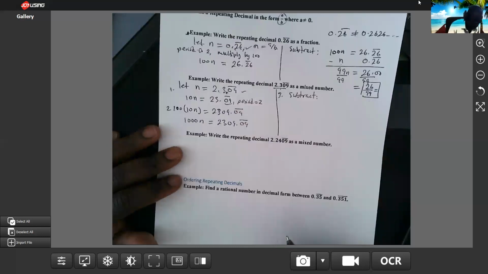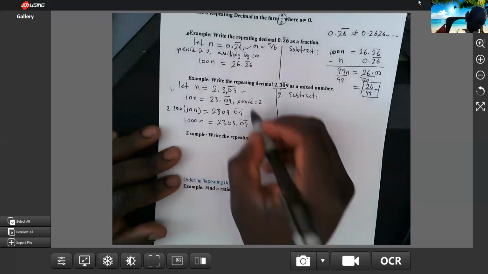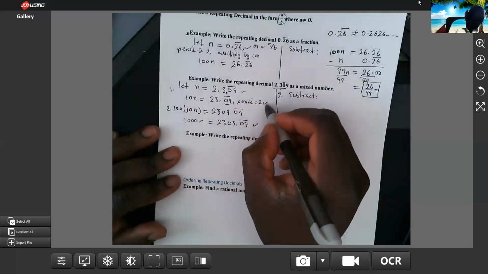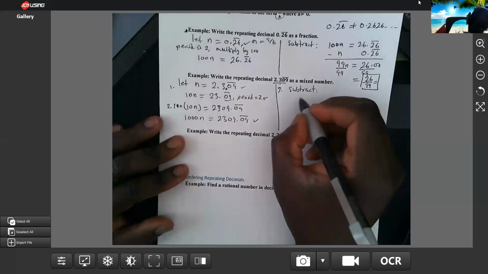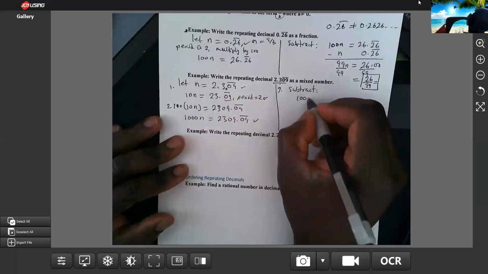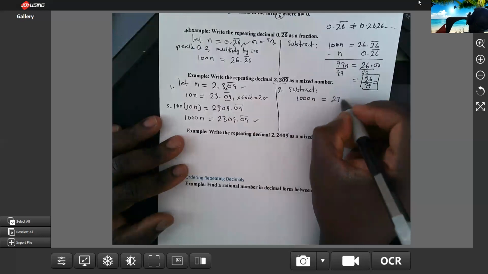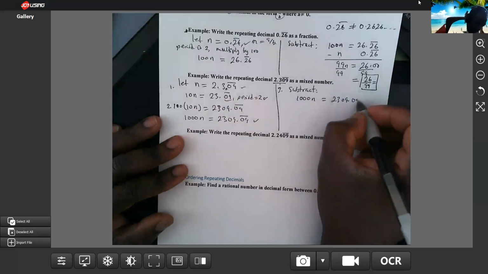Subtract which number? Whatever you have here, the one we were able to write so that the repeatant comes right after the decimal. So you have 1000n is equal to 2309.0909.